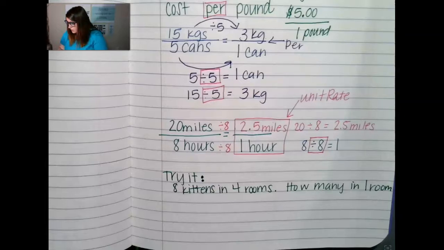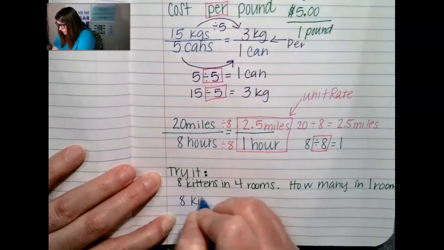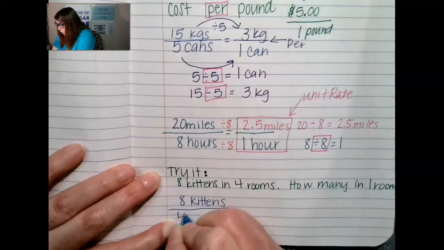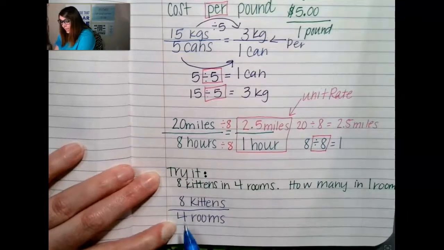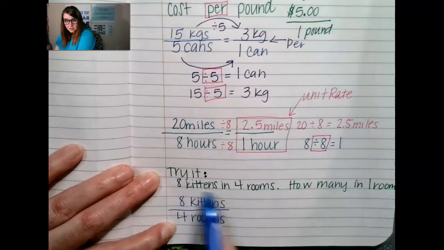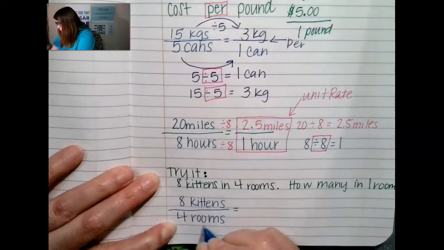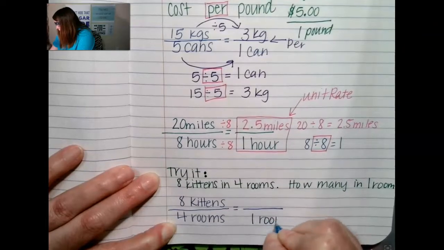All right, so let's see. I have 8 kittens in 4 rooms. So that means 8 over 4, 8 to 4. And I want to know how many per 1 room. So rooms to rooms, right? So 1 room.